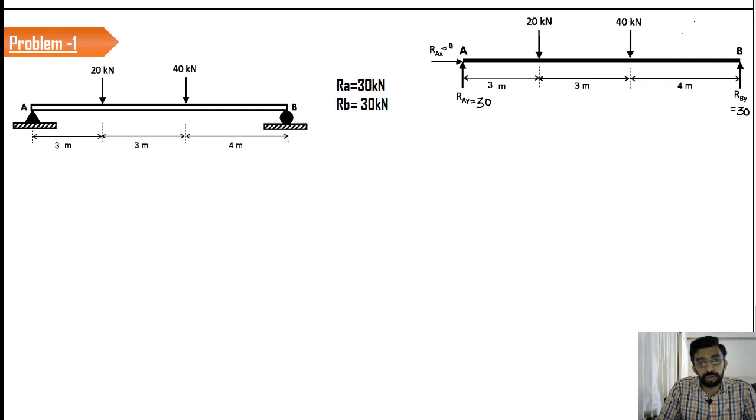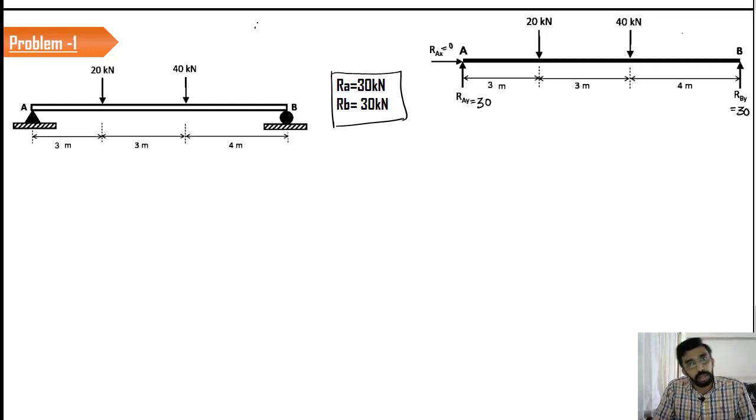So before moving to the calculation of shear force diagram, I want to add one thing here. See, when we calculated the reactions RA and RB, what was the sign convention that we used? We used the conventional type of sign convention. We haven't used anything related to the shear force or the bending moment diagram. So whatever sign convention you learned in your subject of mechanics, you can apply for the calculation of RA and RB.